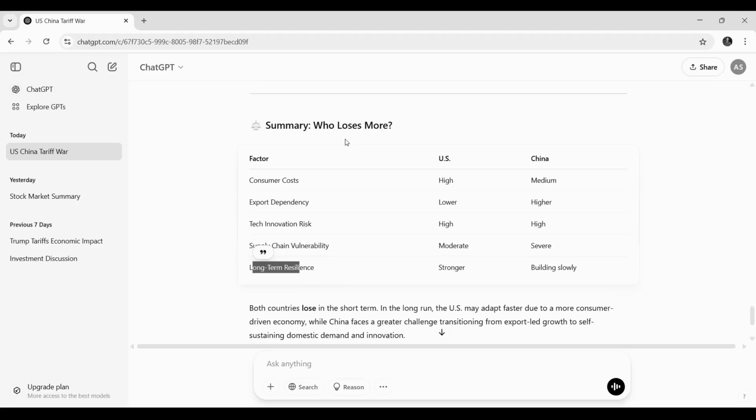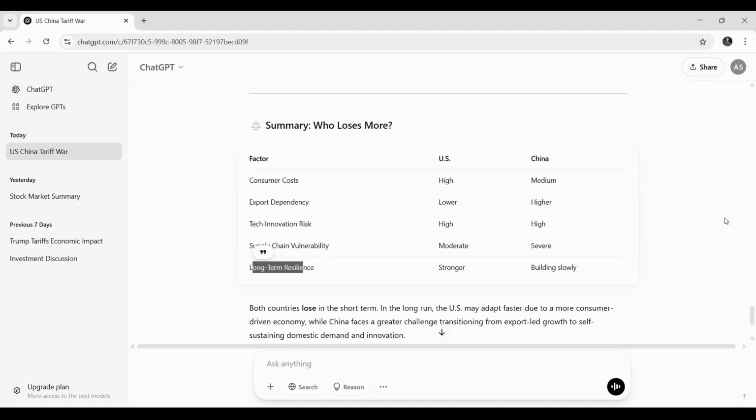This is the summary here, and from it you can understand that for now it will be more harmful for American people and for Chinese businesses, and harmful for both in terms of tech. It is more harmful for China as for supply chain, and for tech resilience.